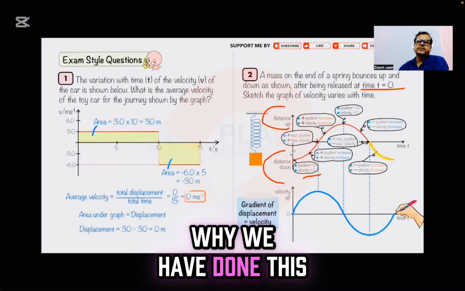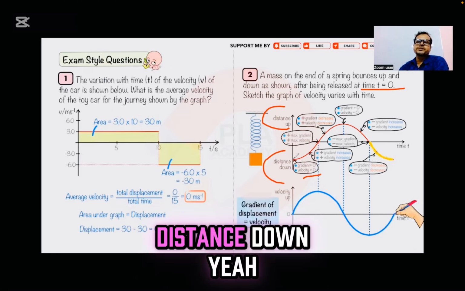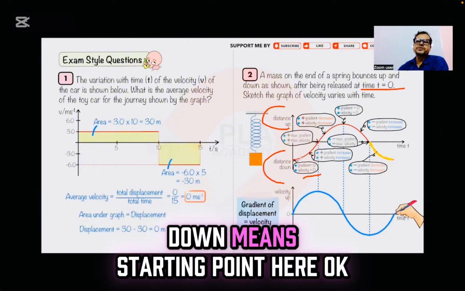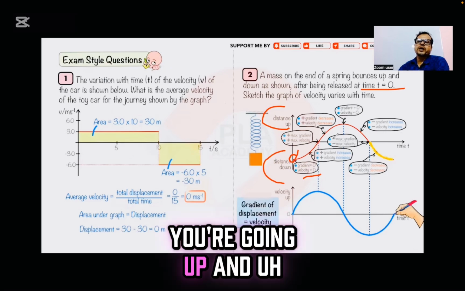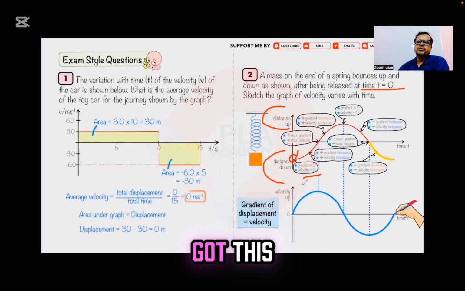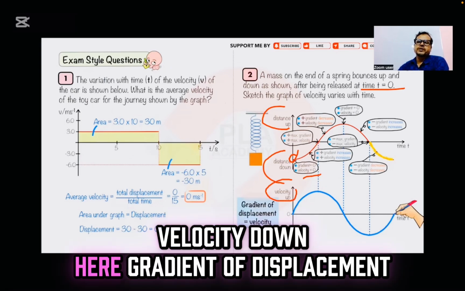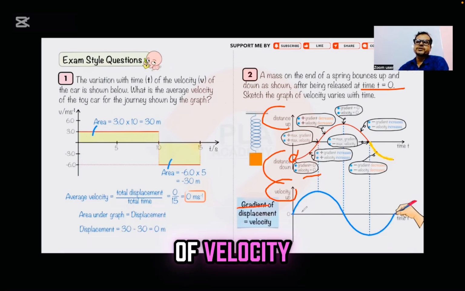Why have we done this? We wrote the displacement up, down, here down, then up. Down means the starting point here, and then going up. From this figure we have got the velocity up, velocity down, since velocity is the gradient of displacement.